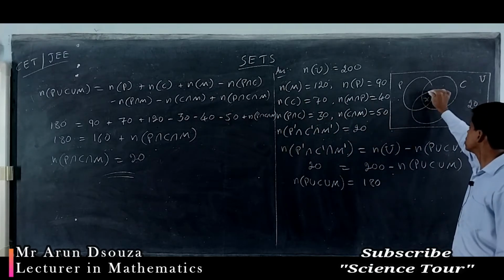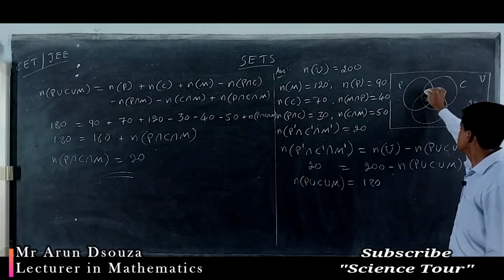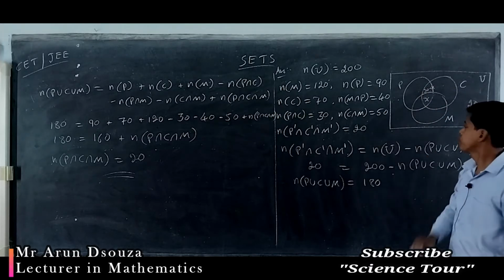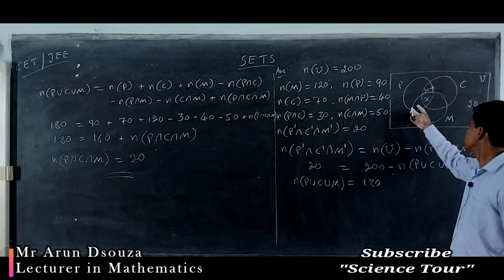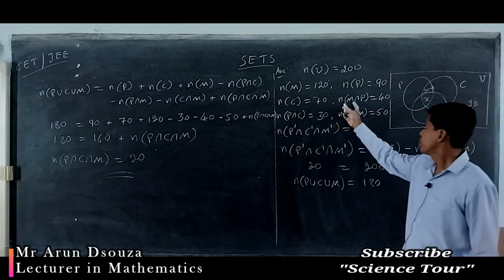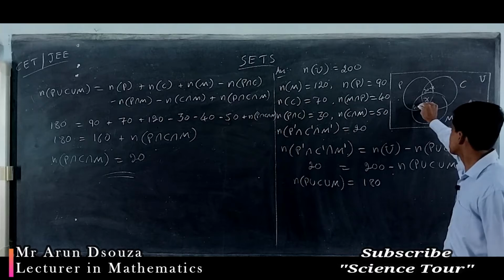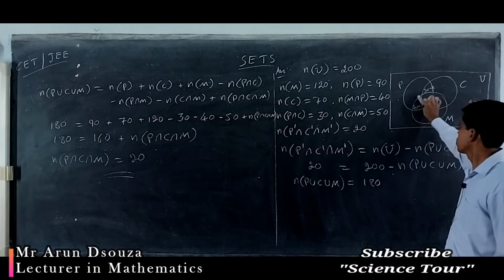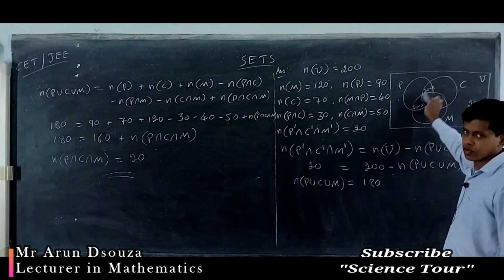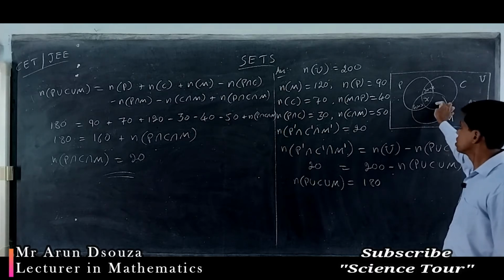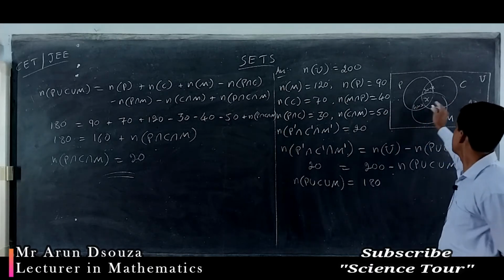Therefore only this region would be 30 minus X. And what about P intersection M? P intersection M is 40. Therefore this will be 40 minus X. See, 40 minus X plus X is 40, correct? And this is 50 minus X.